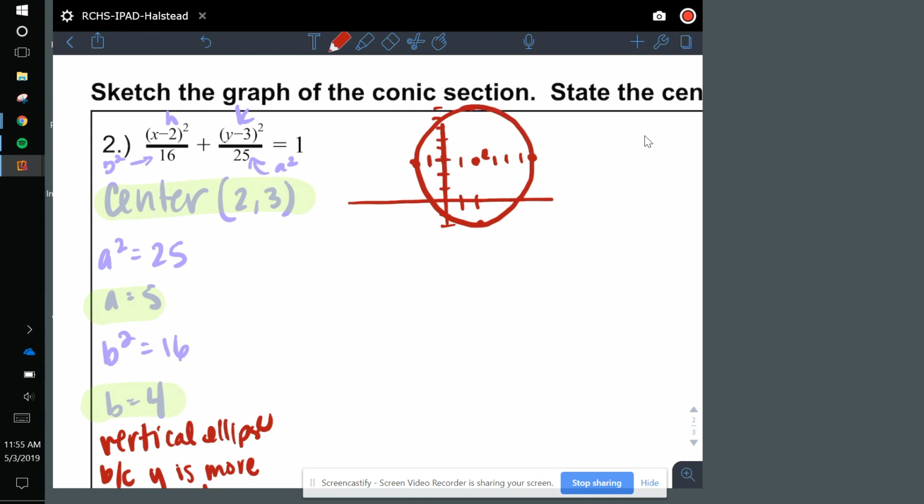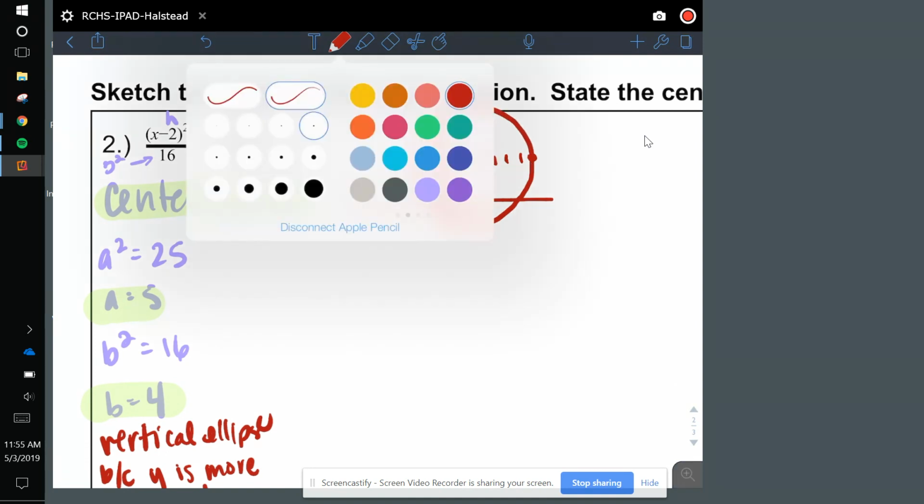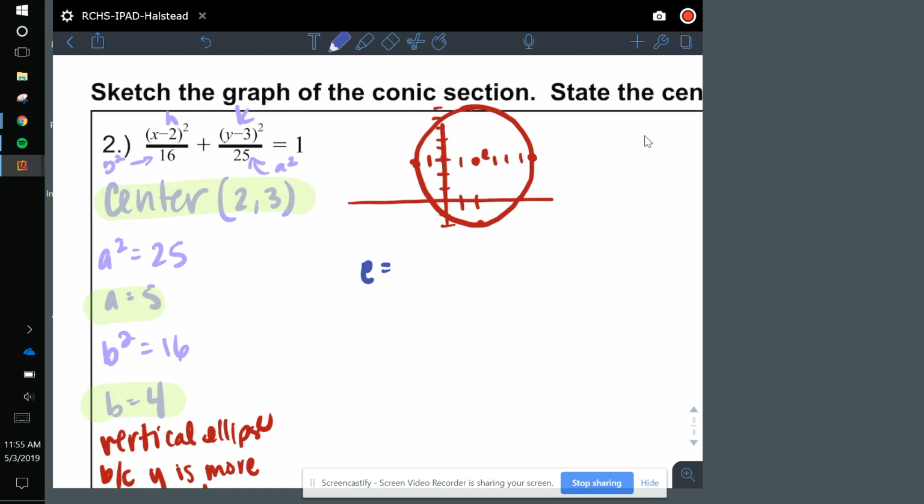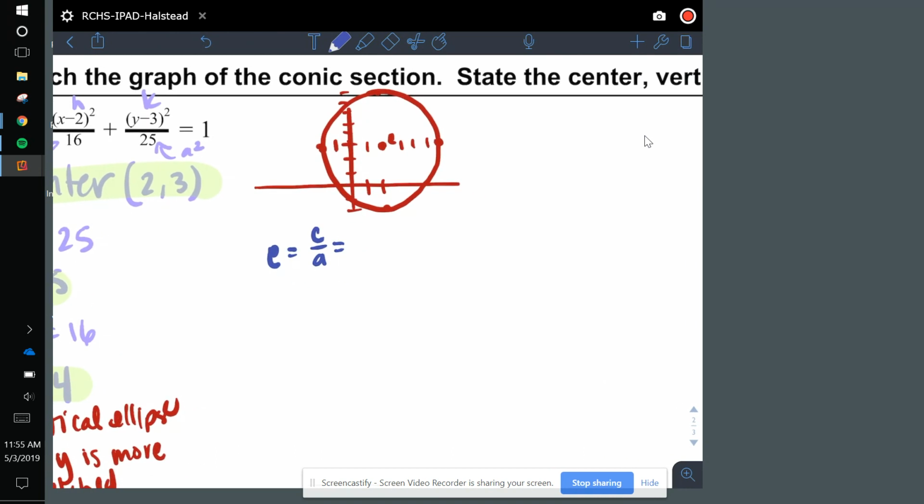Okay. Let's get our eccentricity is equal to c over a. So we better find our c value actually. So for the foci distance, c squared is equal to a squared minus b squared.